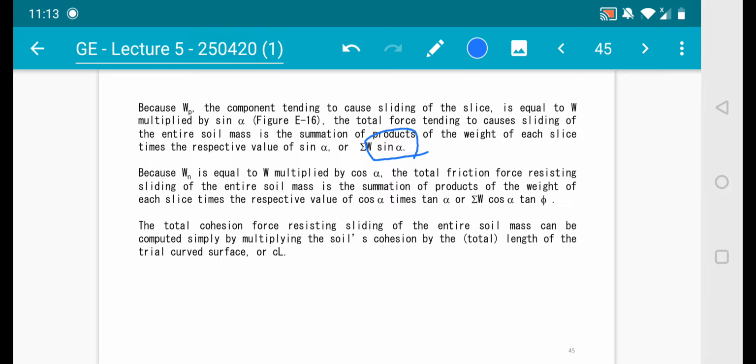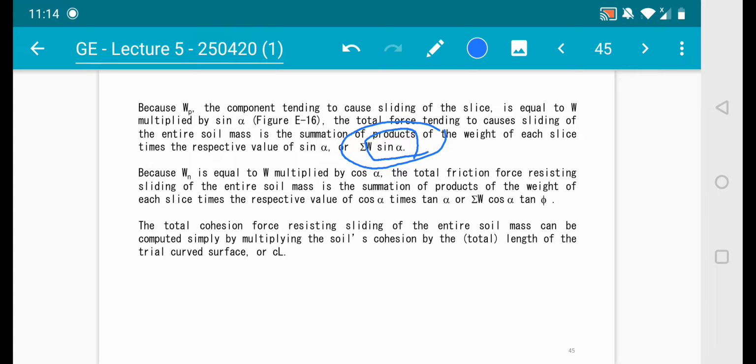Because you have so many slices, you sum every single W multiplied with sine alpha for each respective slice. So W multiplied by sine alpha from slice number 1, added with number 2, 3, and so on. So this is Wp.